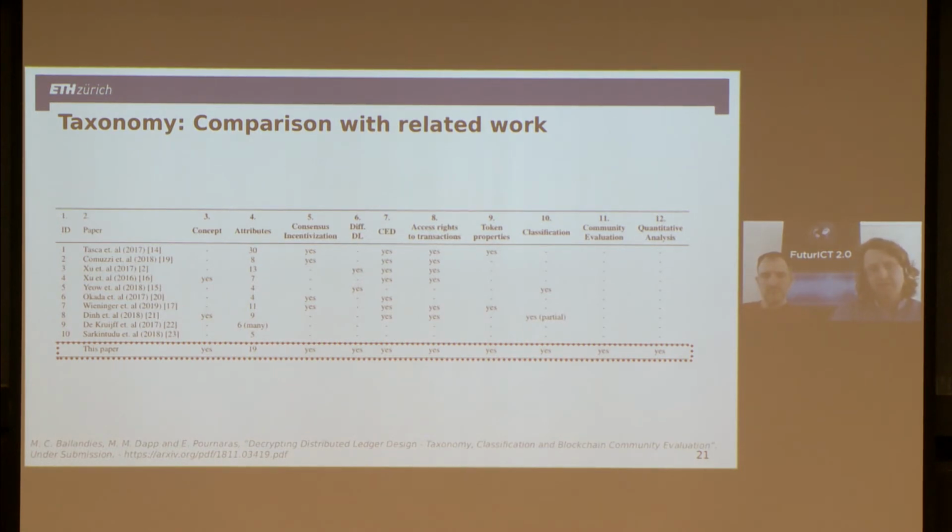And none of the works we found performed the validation of the taxonomy by the community, or a third source to validate it. And also the works usually didn't utilize a quantitative analysis, which we show can be used to derive such design choices in a more objective way.